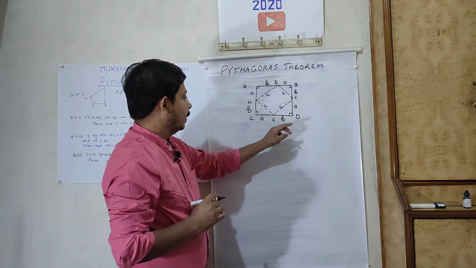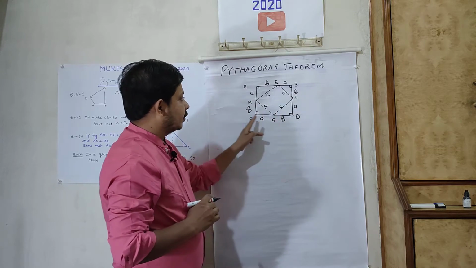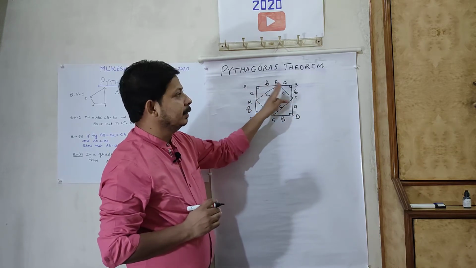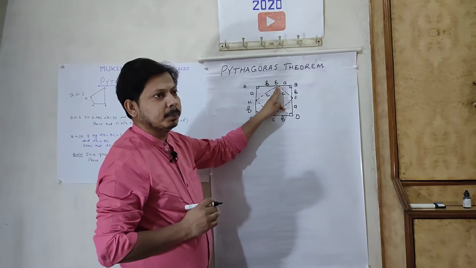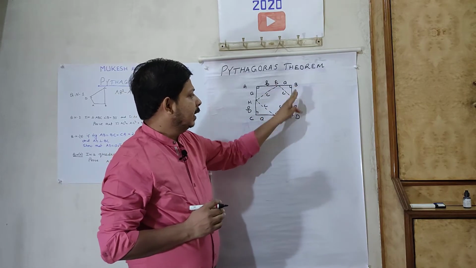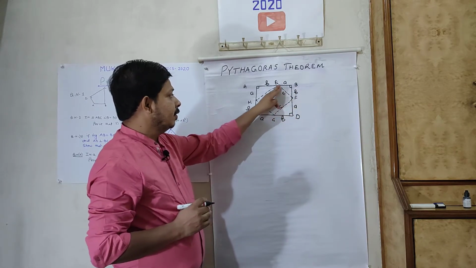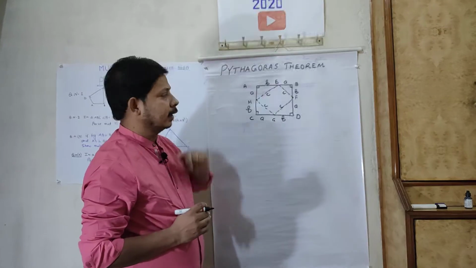ABCD is a square, where all the sides of the square are divided into A and B, A plus B. I am not telling this is the midpoint. I am telling A plus B, and this figure gives you an internal square.